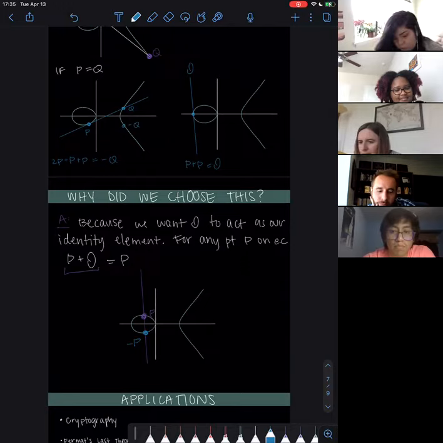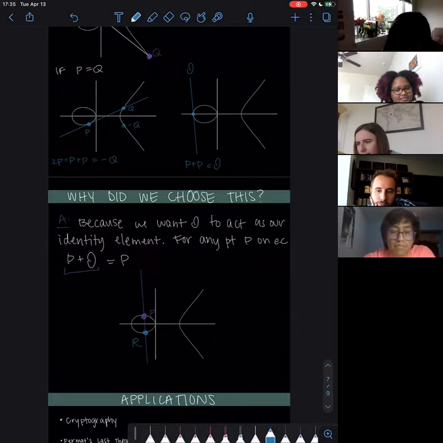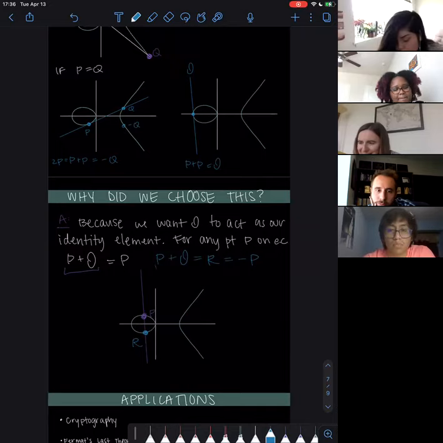So maybe let me call it R, even though we know that it's negative P, right? If instead I said P plus the point at infinity would give me R, that's the same thing as making it equal to negative P, which would break the fact that the point at infinity is our identity element.